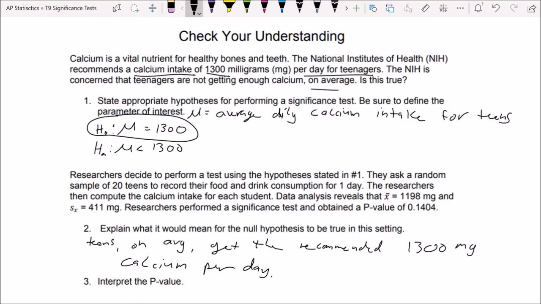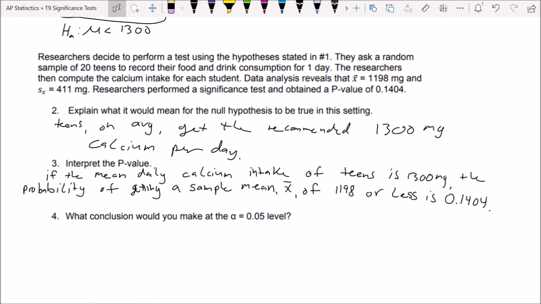Okay, now we need to interpret the p-value. I think there are different ways of wording this interpretation of the p-value, but it has to have these certain components. It has to reference the null hypothesis being true and the probability of getting a value that we got in our sample or a more extreme value. So the way I wrote that out for this one is, if the mean daily calcium intake of teens is actually 1,300 milligrams, then the probability of getting a sample mean, which is x bar, of 1,198 or less is 0.104.